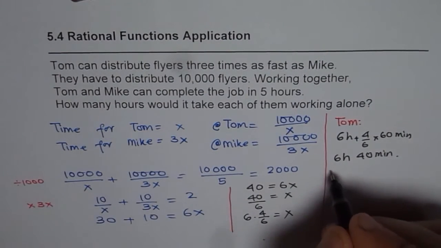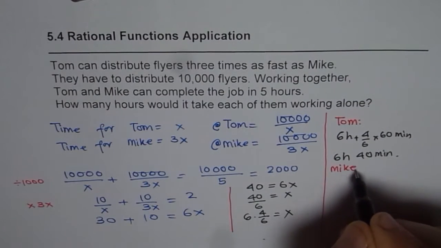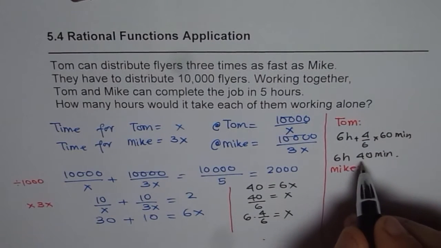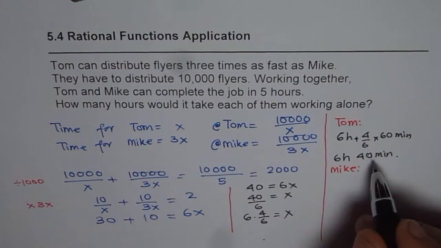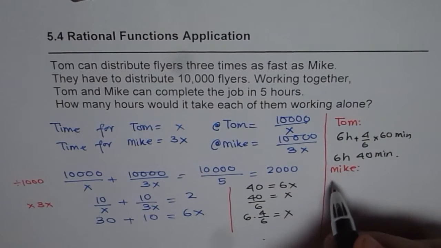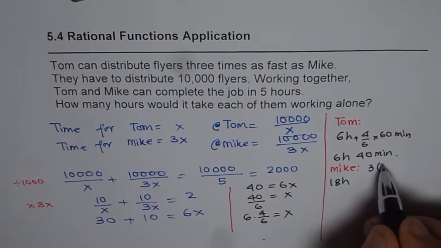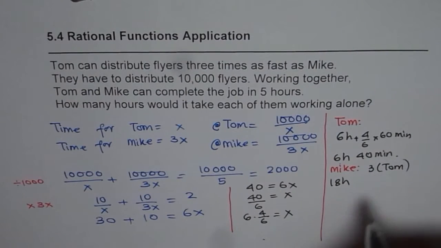So the time taken by Mike should be 3 times Tom's, right? We could multiply this by 3 or this by 3, whatever. So it is 6 hours 40 minutes times 3. 6 hours times 3 means 18 hours, right? It is 3 times Tom's time, 3 times x.